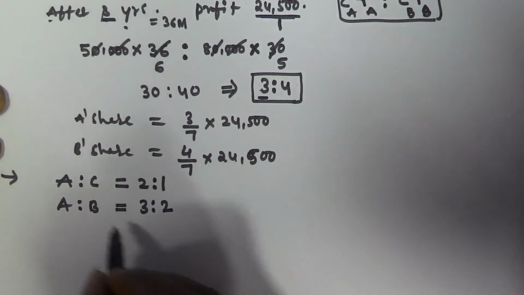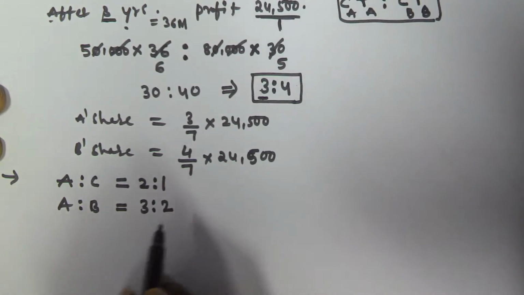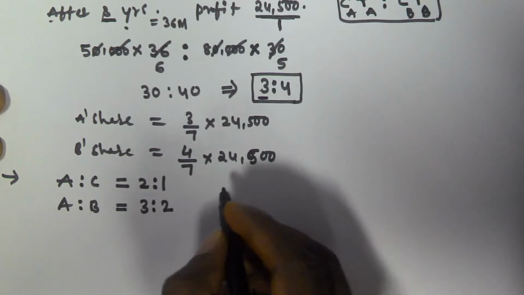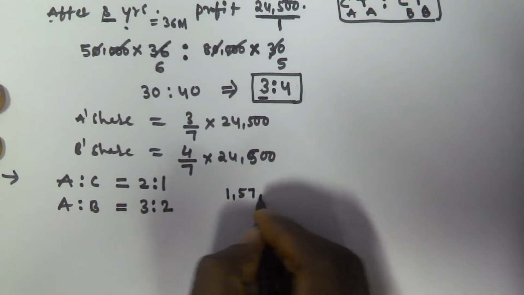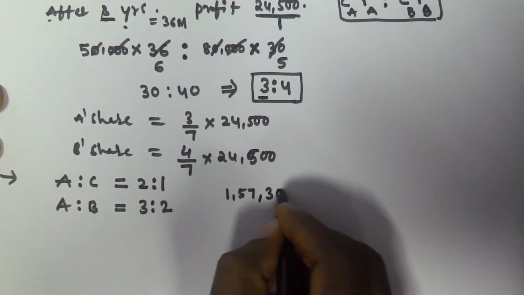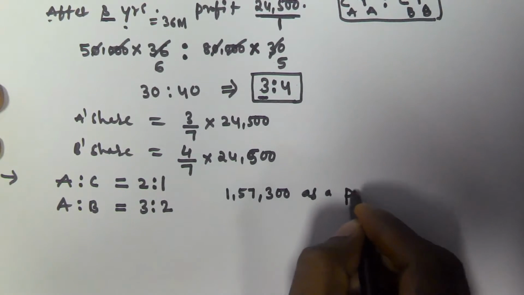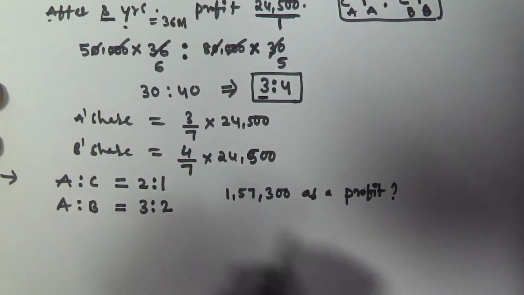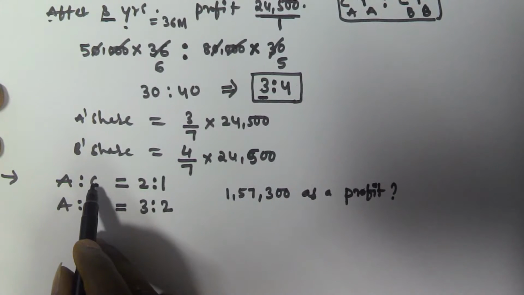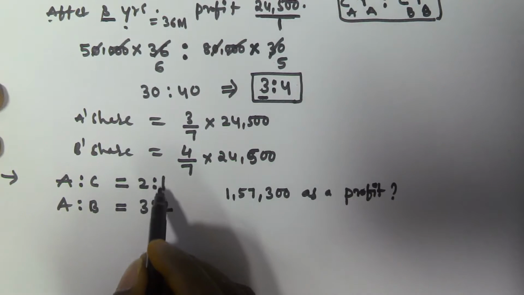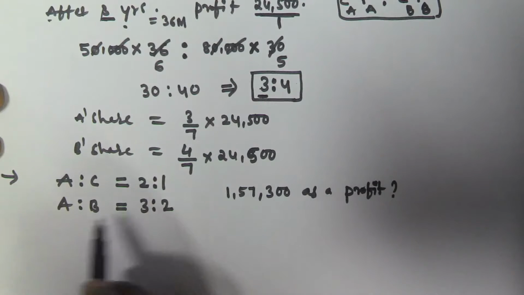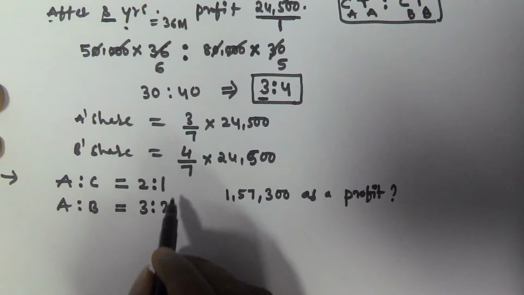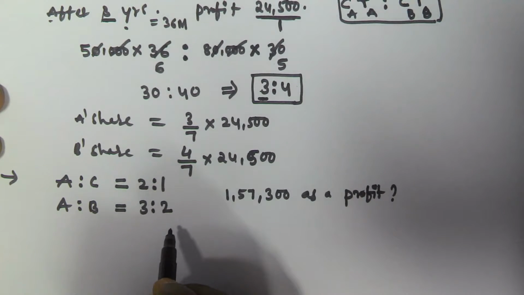All three of them invested for the same period. If they got 1,57,300 as a profit, we have to find the shares of A, B and C. So the question is: A and C invested the amount in the ratio 2 ratio 1, and A and B invested the amount in the ratio 3 is to 2 in the business, and all three invested for the same amount of time.